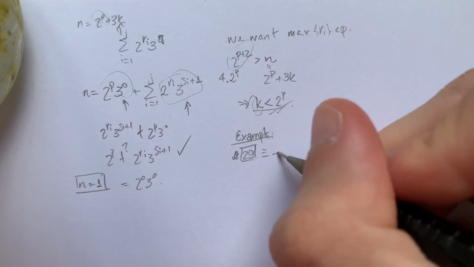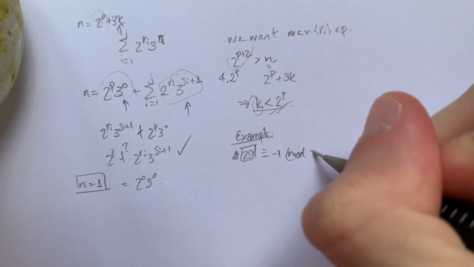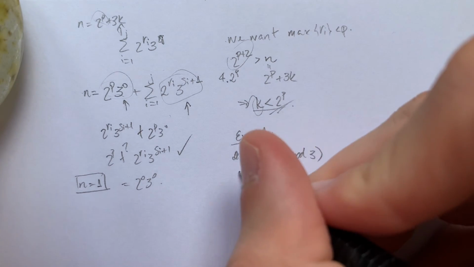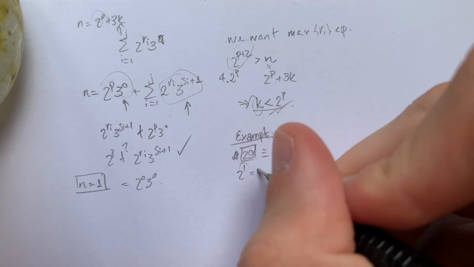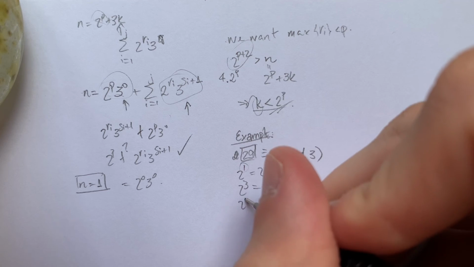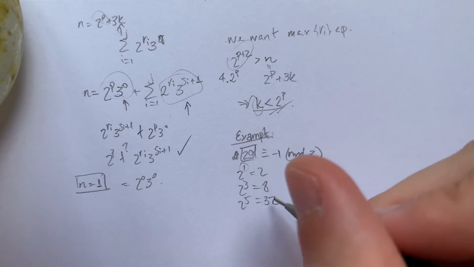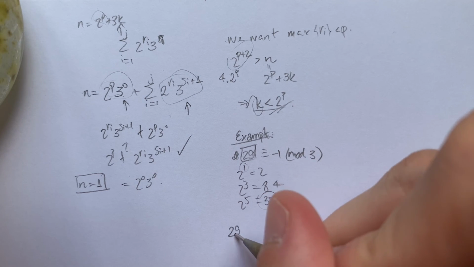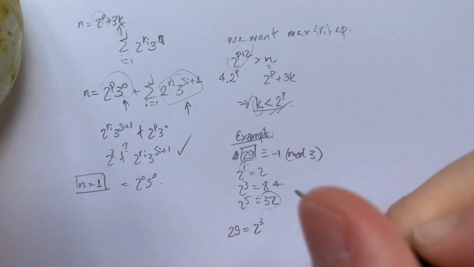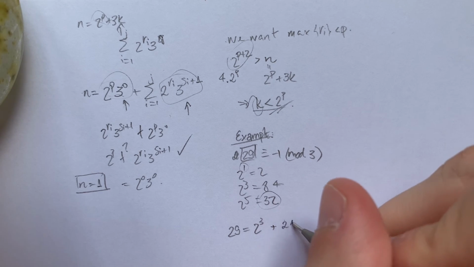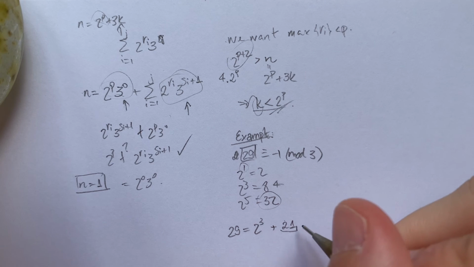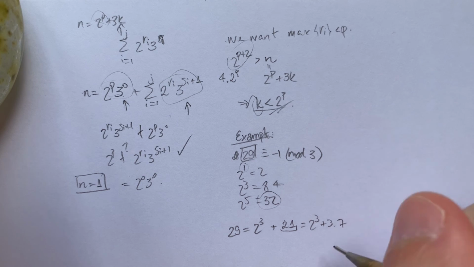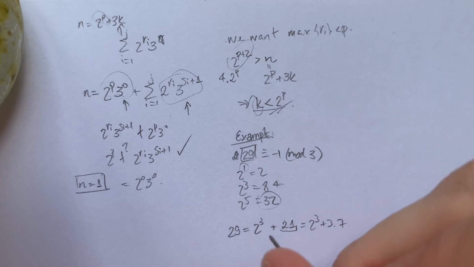We see that 29 is congruent to minus 1 mod 3, so we must take an odd exponent, and we'll take the greatest one. 2 to the 5 is greater than 29, so we take 2 cubed. So we write 29 equals 2 to the 3 plus 21, and 21 is 3 times 7, and now we try to represent 7.